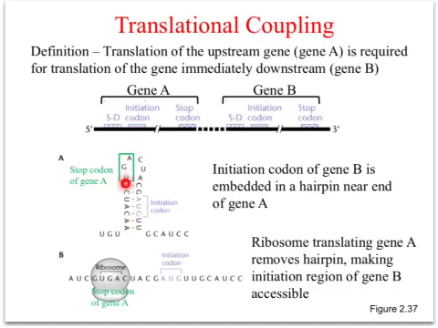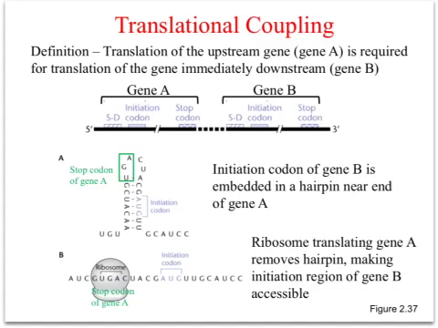And as the ribosome moves through the secondary structure to the stop codon, it disrupts the binding caused by the homology between these bases, disrupts that secondary structure, thus opens up this codon and makes initiation of gene B accessible. So in this case, if a ribosome stops for some reason before the end of gene A, you do not get translation of gene B.